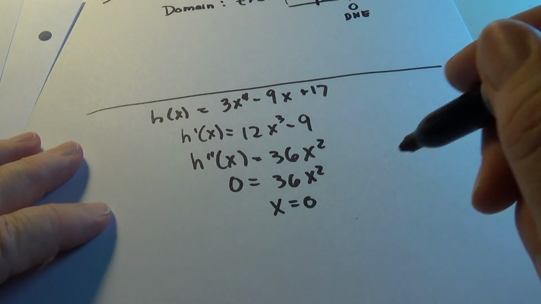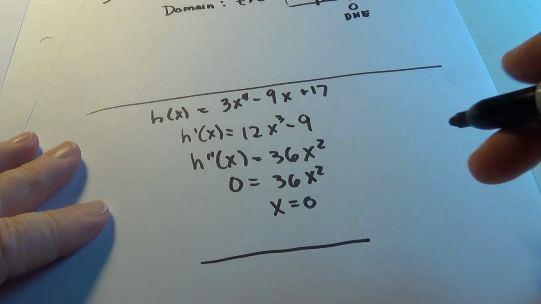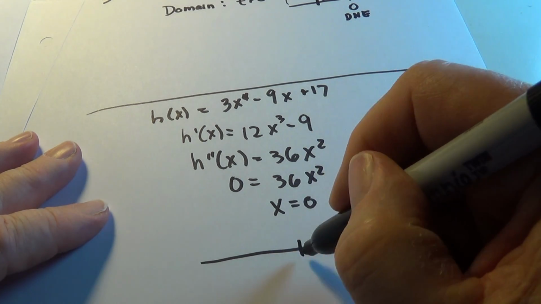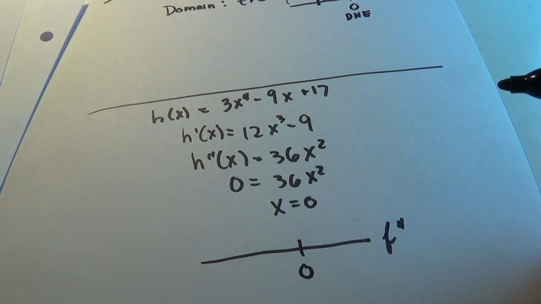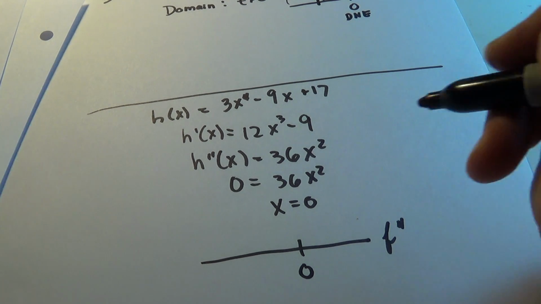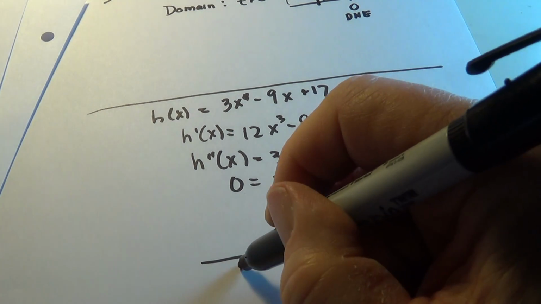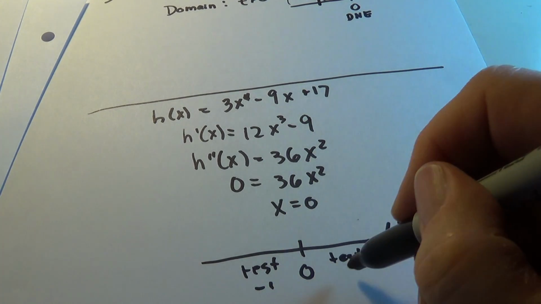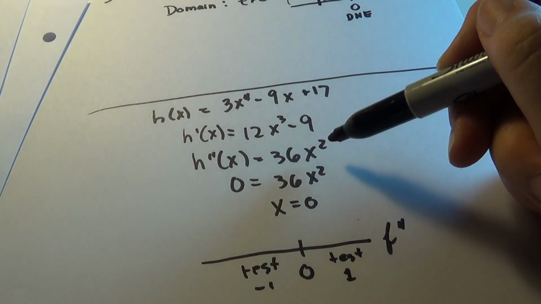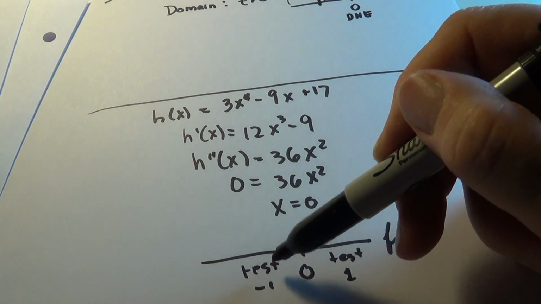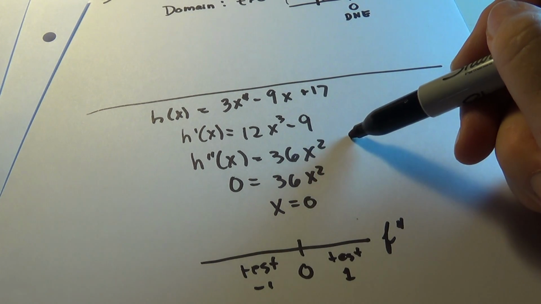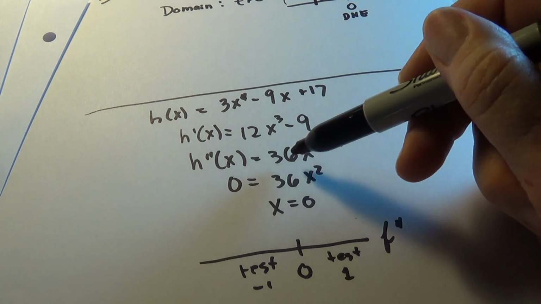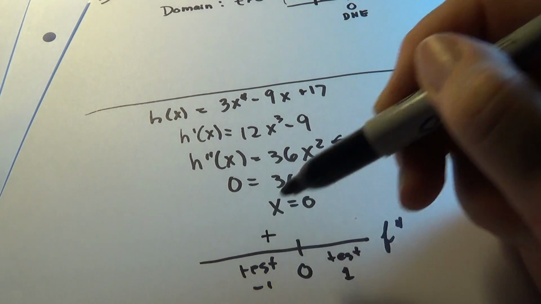So I'm going to draw my little map, f double prime, and I'm going to put 0 here. It's a possible point of inflection. So I'm going to test -1, and I'm going to test +1. And I do that by putting it in the second derivative. So when I put -1 into this expression right here, -1 squared is +1 times 36 gives me a positive.